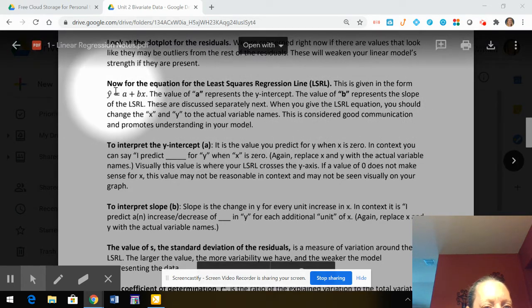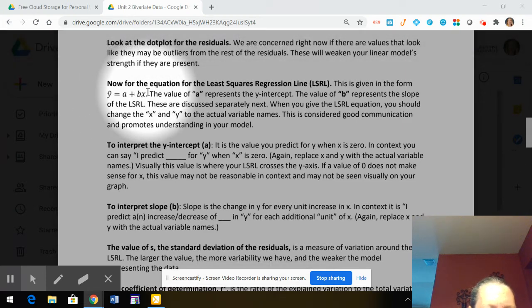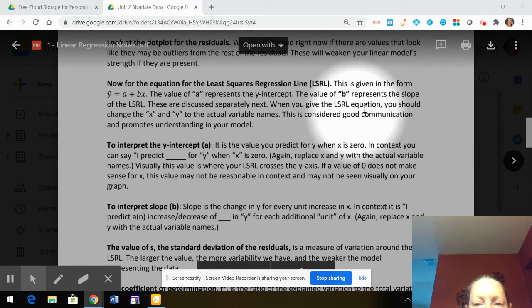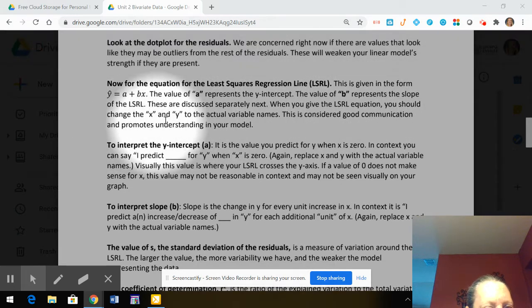Now, this line's going to come in the form of a predicted value, a y-intercept, and a slope multiplied by x, and it's going to come in that order out of Stapplet. When you write your regression equation, make sure that you take the x and y themselves out and put the actual variable names in. When we go through the examples, I'll talk about that more.